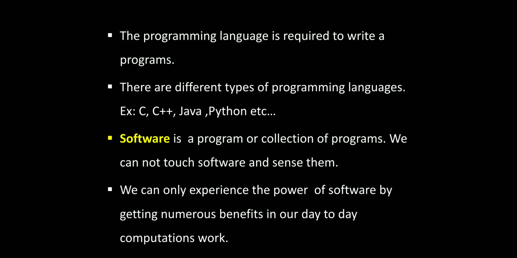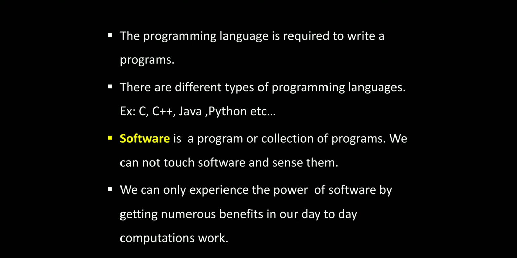There are different types of programming languages, like C, C++, Java, Python, etc. These are all programming languages. With the help of these languages, we can give some instructions to the computer. That means we have to write some programs for the computer with the help of these C, C++, Java, Python programming languages.